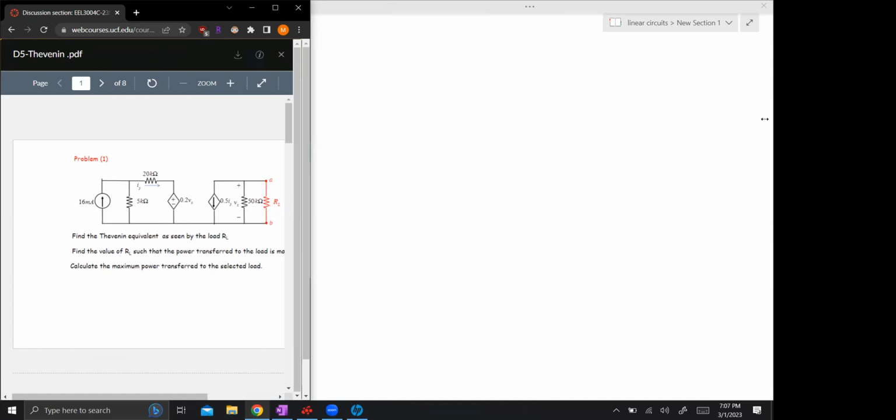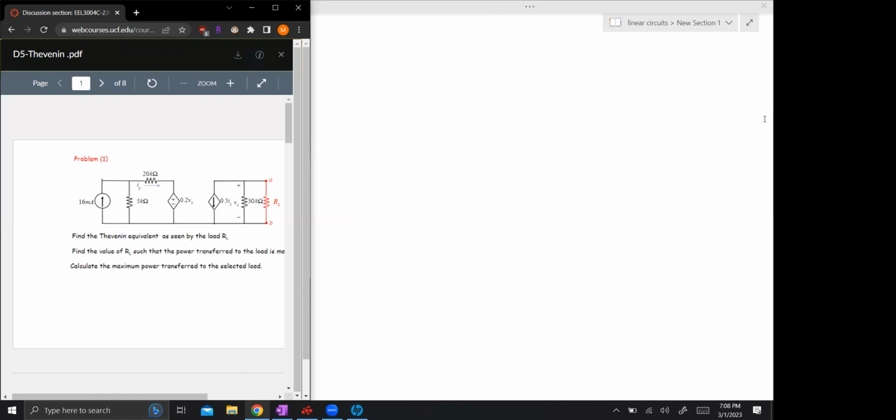So when finding the Thevenin equivalent circuit, or in this case, seeing the Thevenin from the perspective of a load resistor, there's a few things you're going to have to find. You're going to want to find the Thevenin voltage, Thevenin resistance, and then with that, I think you can also muscle out the short circuit current. There's a few ways that you can find something like Thevenin resistance. Well, let's just go through the process, right?